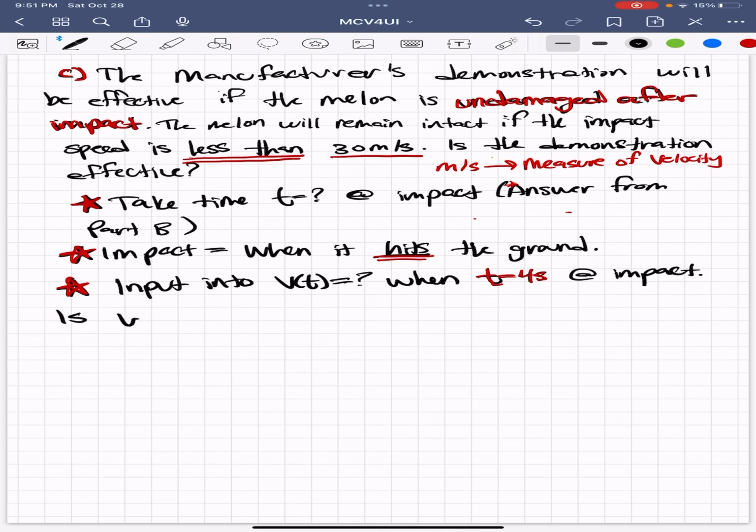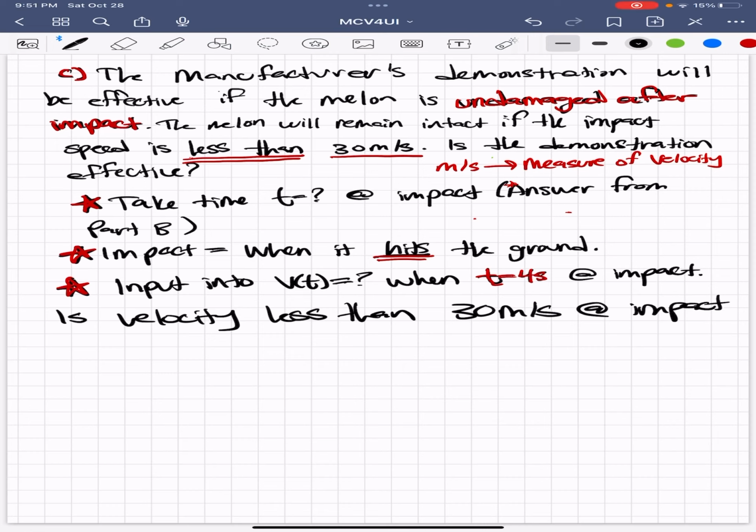So is the velocity less than 30 meters per second at impact, at t equals 4?